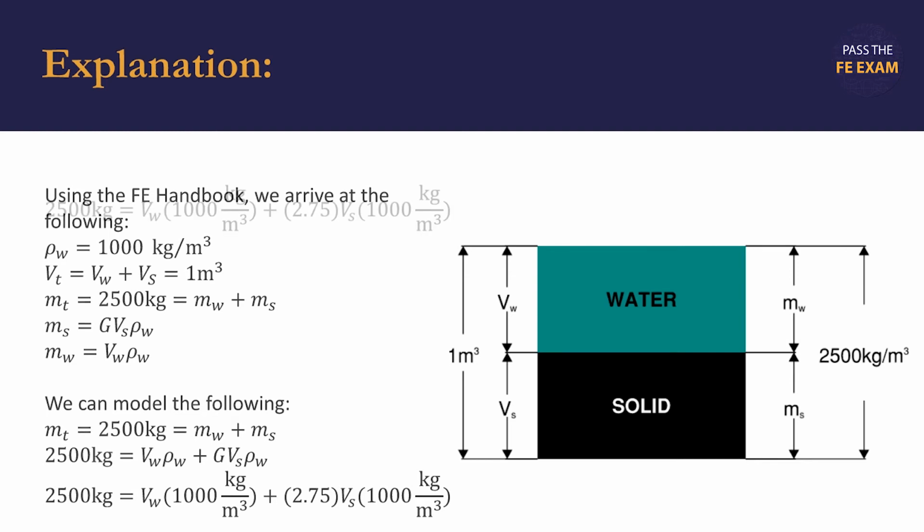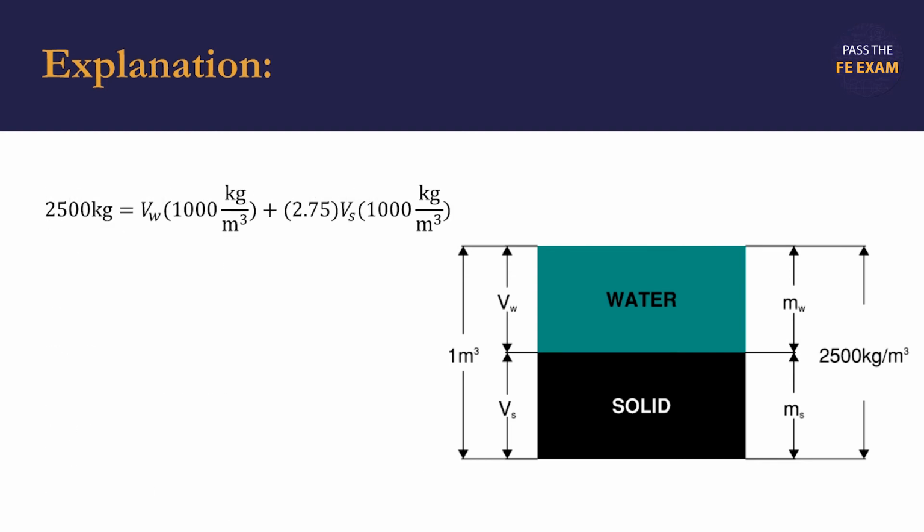We're going to move the equation to the top of the screen to allow for some room, and now we can simplify by dividing both sides of the equation by the density of water, 1,000 kilograms per cubic meter. We should also note that the volume of water is equal to the difference of the volume of the sample, which we assume to be 1 cubic meter, and the volume of the solids.